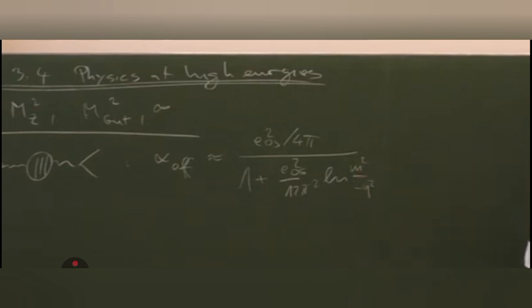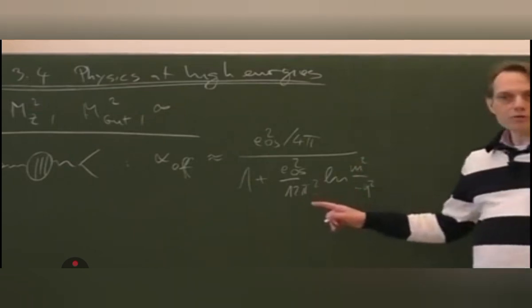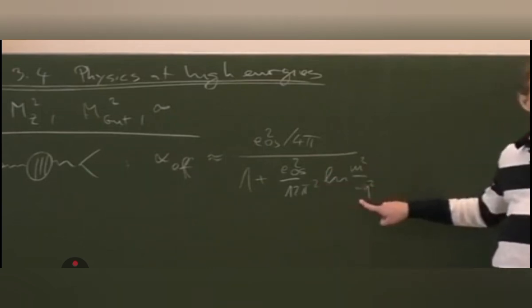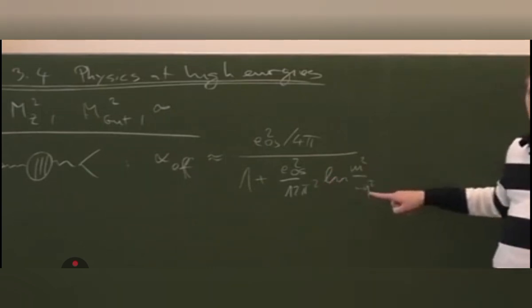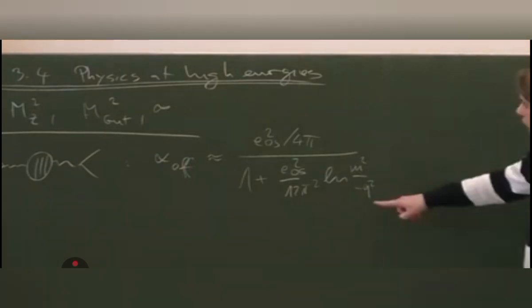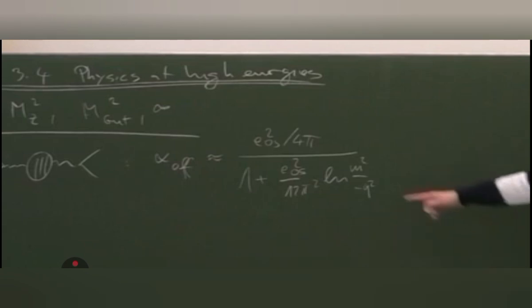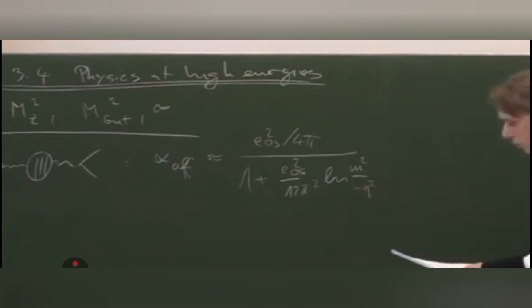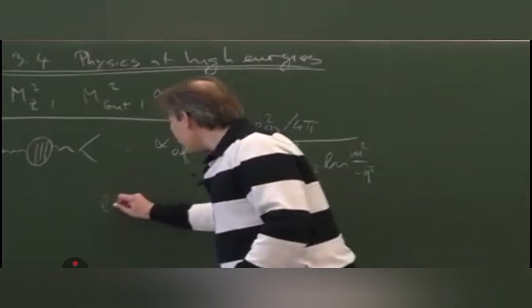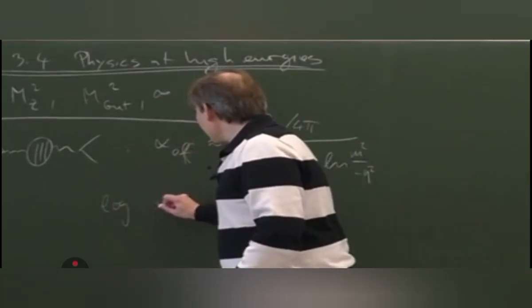And the second thing I did is inserting the approximation for high energies, where there was a logarithmically enhanced term proportional to log q square, and I neglect all the other terms which are not enhanced by log q square. So log q square goes to infinity, and so let us neglect everything which doesn't go to infinity. Then this is our approximate result, and therefore indeed the main feature is that we have a logarithmic increase.